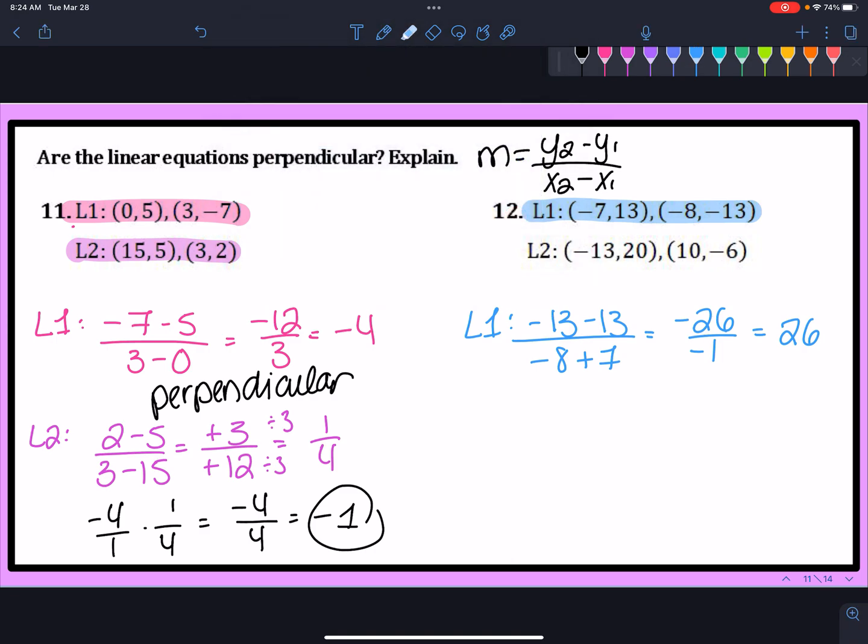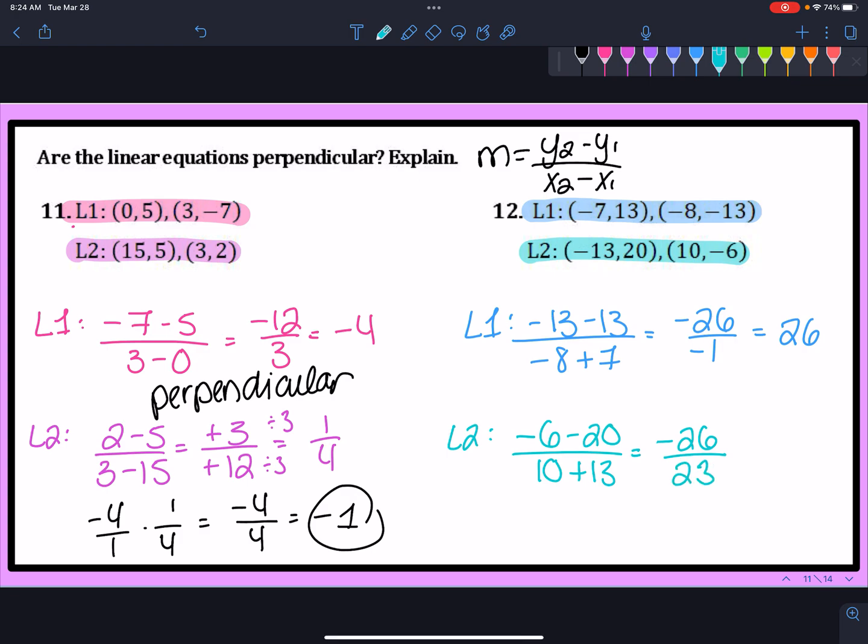I'm also going to do line 2, which is negative 6 minus 20 over 10 plus 13. This gives me negative 26 over 23.